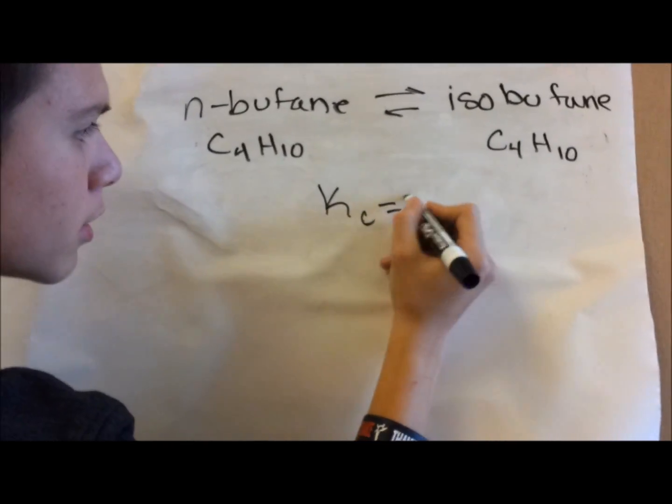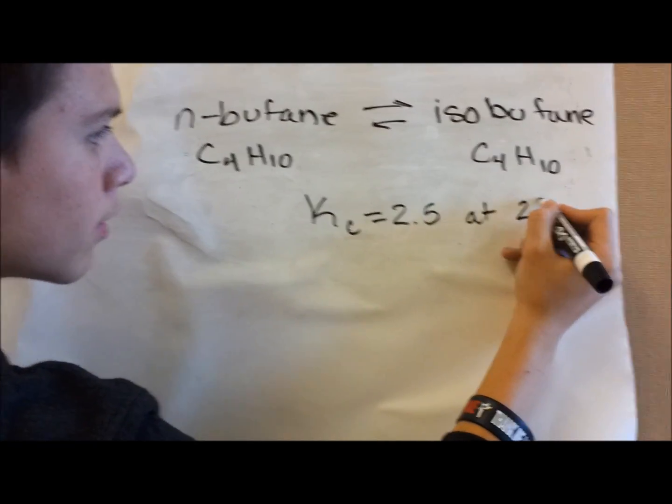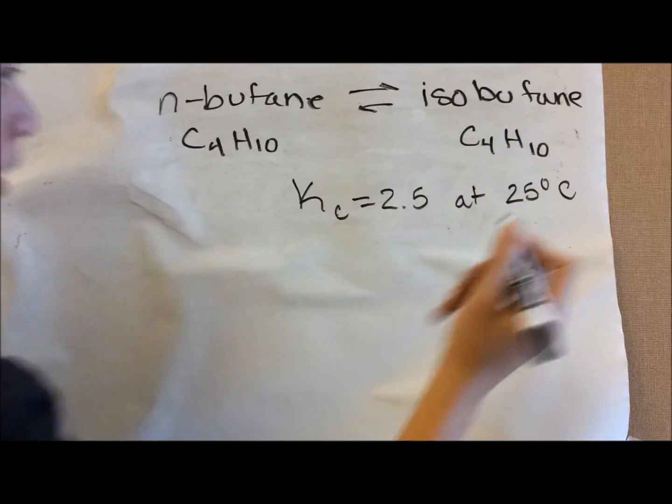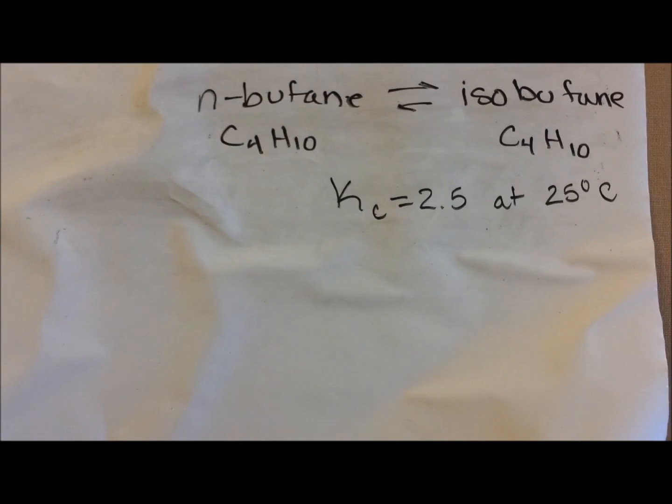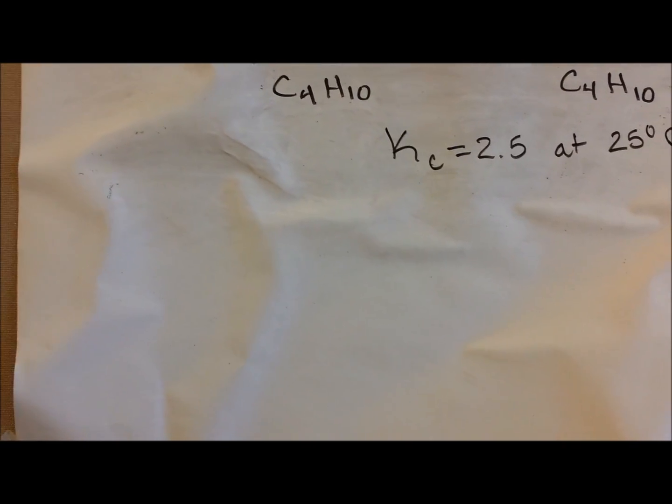The equilibrium constant is 2.5 at 25 degrees Celsius. Now for part C, it says write the expression for the equilibrium constant, Kc, for the reaction.